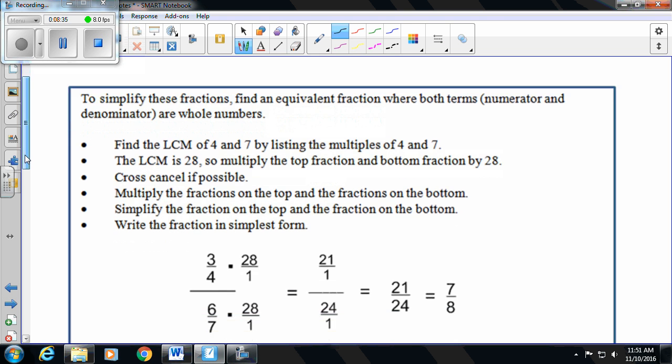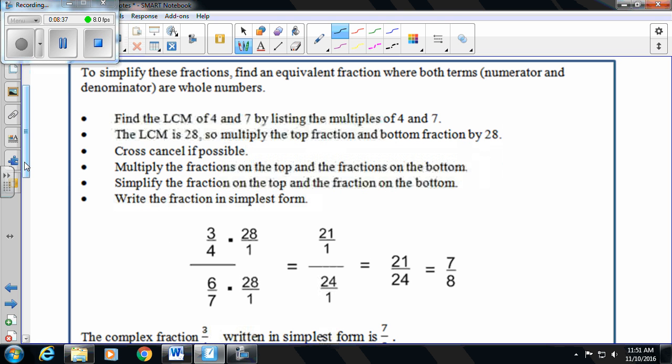So let's look here. To simplify complex fractions, which we've done, we need to find an equivalent fraction where both terms, the numerator and the denominator, are whole numbers. Remember, again, this is not new for us. So we need to find the least common multiple of 4 and 7 by listing the multiples of 4 and 7. In this case, we can just multiply them, and we get 28.